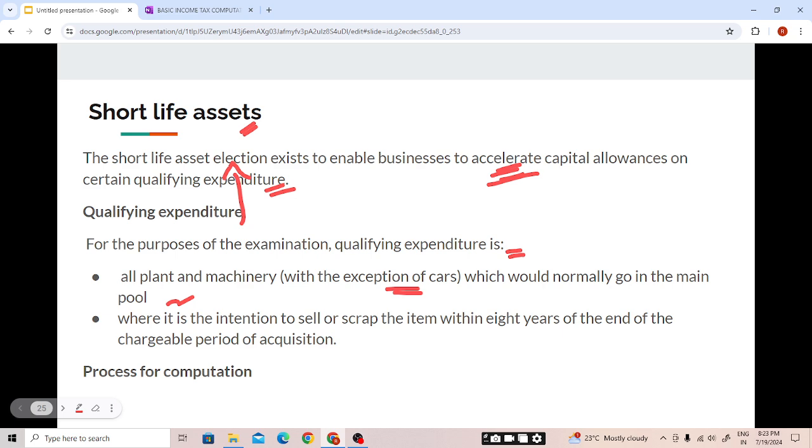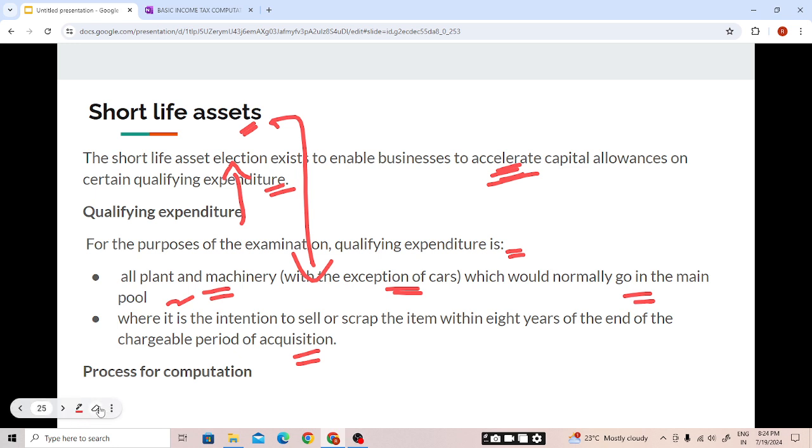So students, the short life asset pool is available for all plant and machinery which normally go in the main pool, where it is the intention to sell or scrap the item within 8 years of the end of the chargeable period of acquisition.